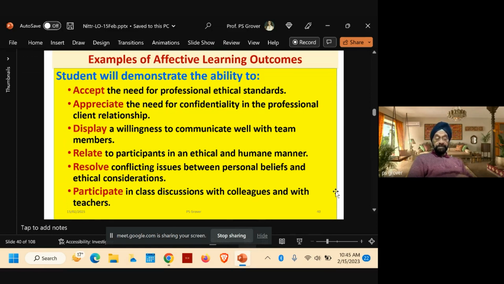So when I say participate in class discussion with colleagues and with teachers, there are students who are very enthusiastic to participate. There are students who are unwilling to participate. There are students who avoid these things. Now, outcome-based education says the student's skill should be developed so that he participates in the discussions, in the learnings, in the sharing. And this is a part of affective domain.